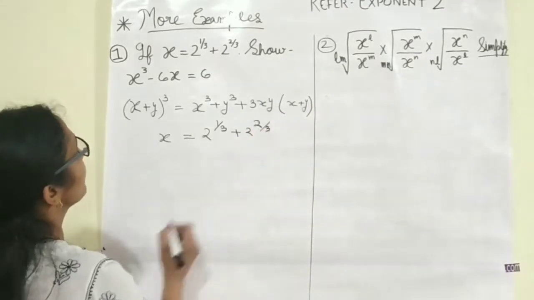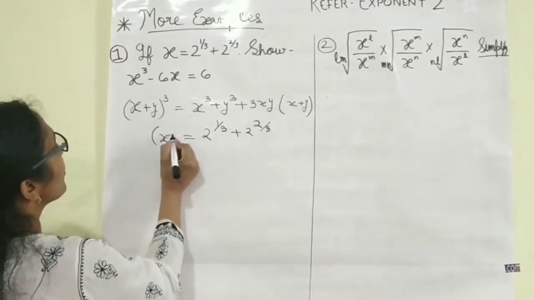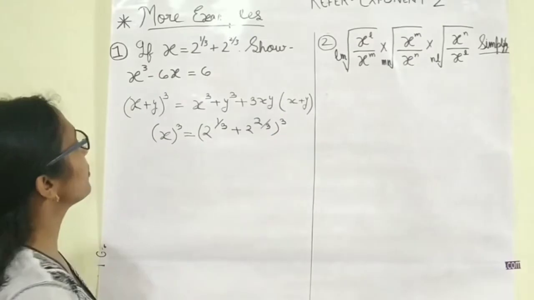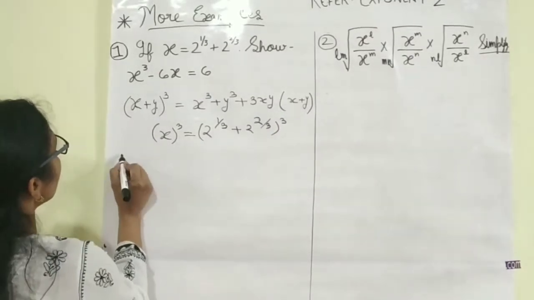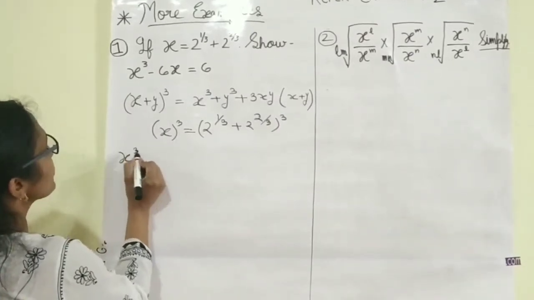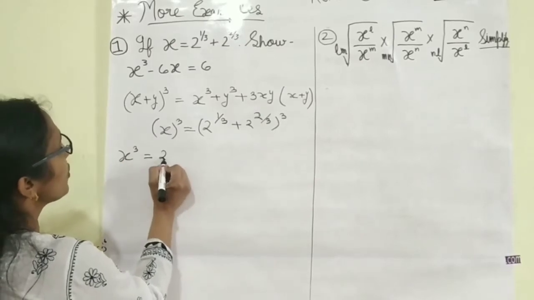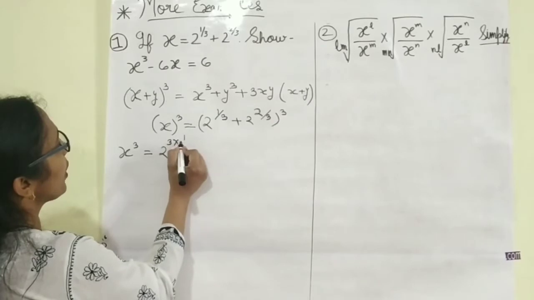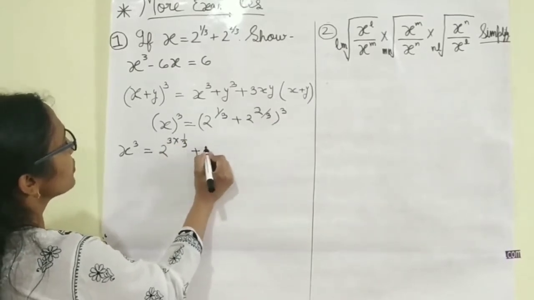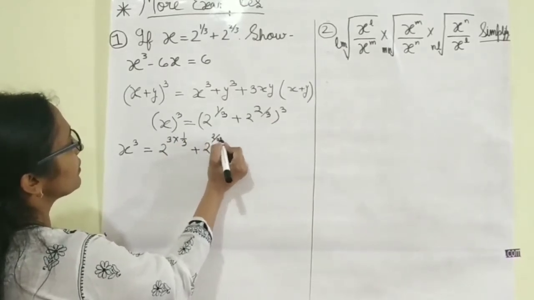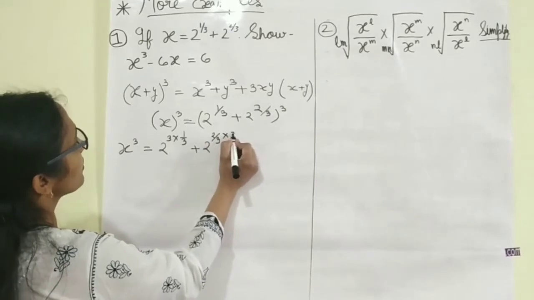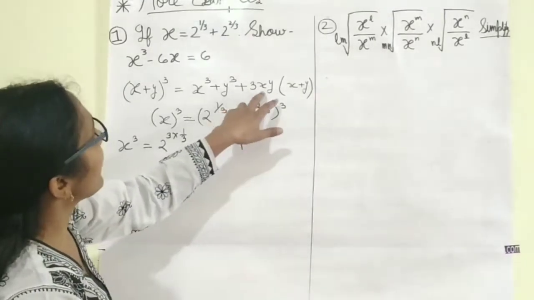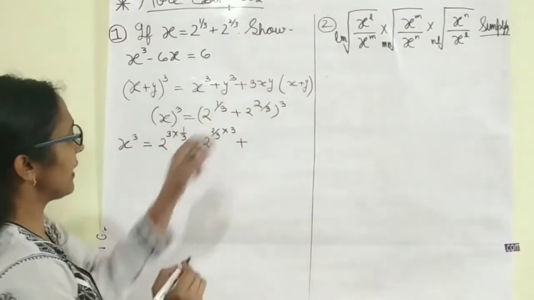Now, cubing both sides, it will become x cube equals 2 to the power 3 into 1 by 3 plus 2 to the power 2 by 3 into 3 plus 3xy(x plus y), it is an identity.